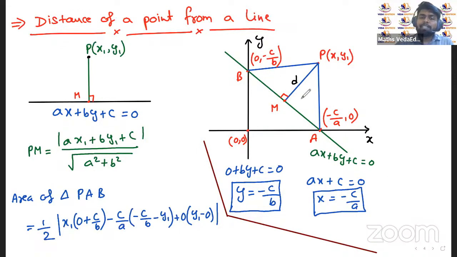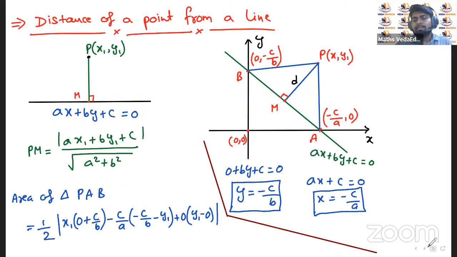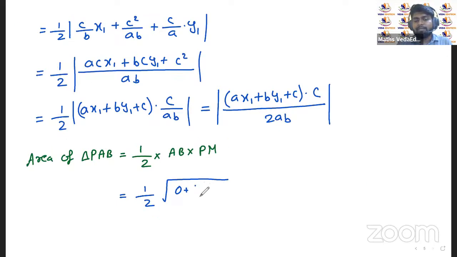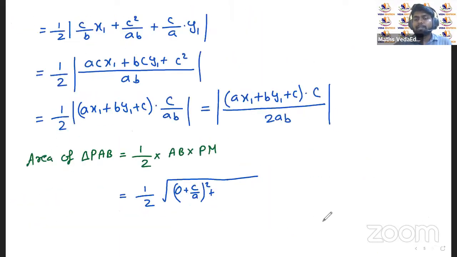So AB will be nothing but, we can apply the distance between two points formula here. So AB is nothing but the square root of 0 minus of minus C by A whole squared, so it will become plus C by A, plus minus C by B minus 0 whole squared.